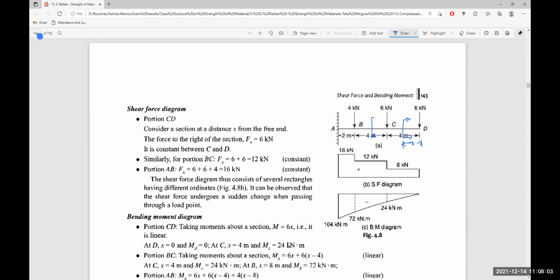And if we take a section between B and A, the force to the right of the section is 4 plus 6 plus 6, that is 16 kN. These are all constant.